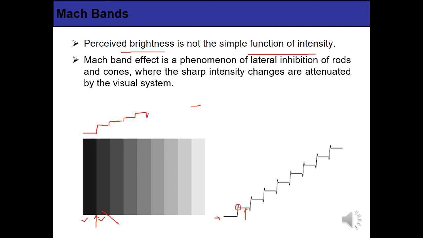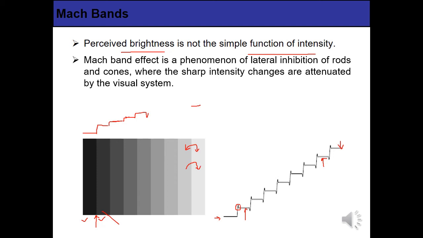Similarly, from here, one level is this, another level is this level, like these two stripes. Again, observing from here to this end, it looks more grayish, and if you observe from here to here, it looks more bright.